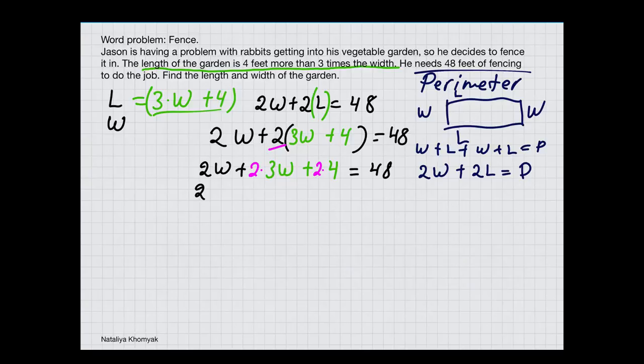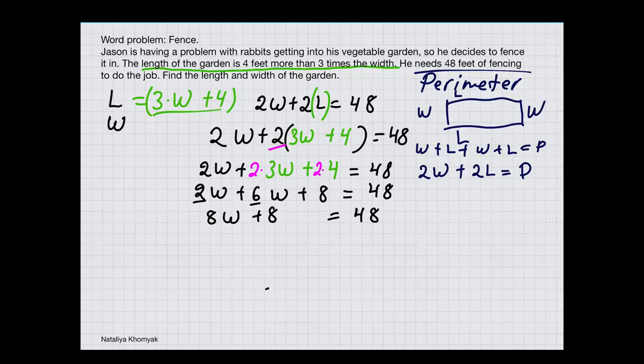So we have 2W plus 6W plus 8 equals 48. Let's combine like terms. 2 plus 6, we have 8W plus 8 equals 48.